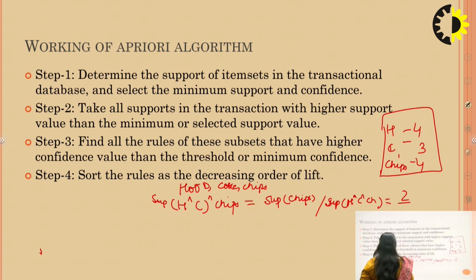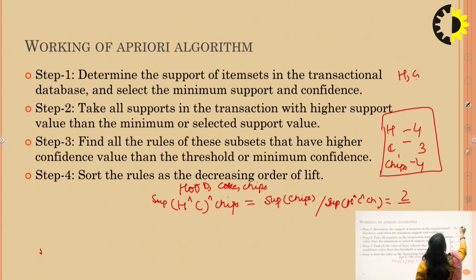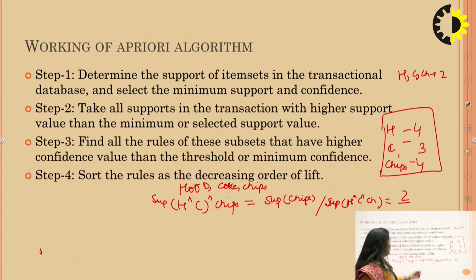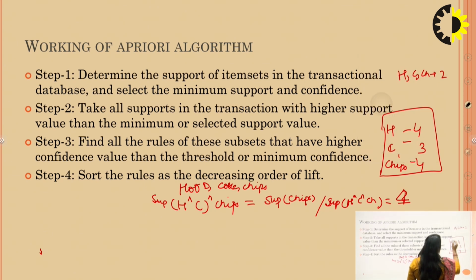And hot dog, Coke and chips together were 2 times. So what do we have to do next? Support of chips was 4, upon how many times this data set has occurred. This occurred 2 times, multiplied by 100.